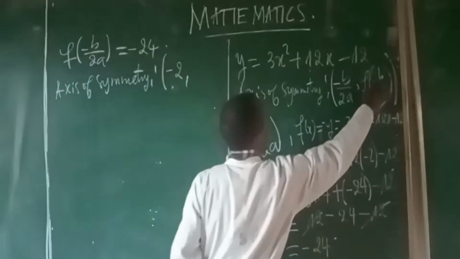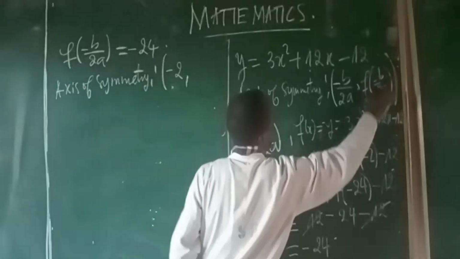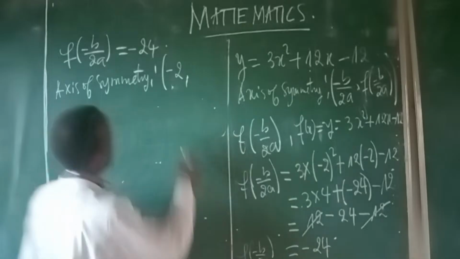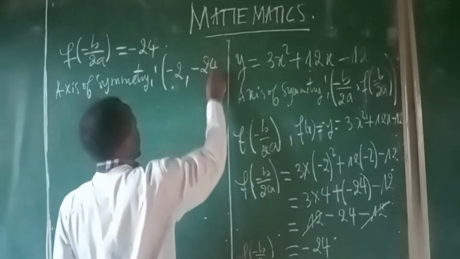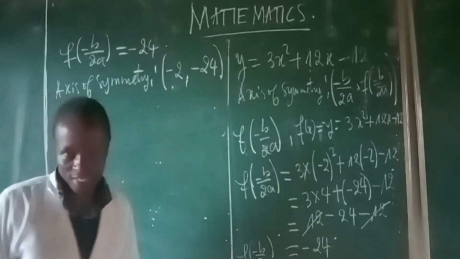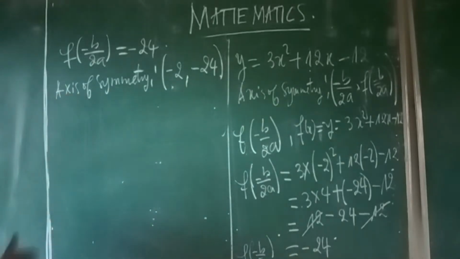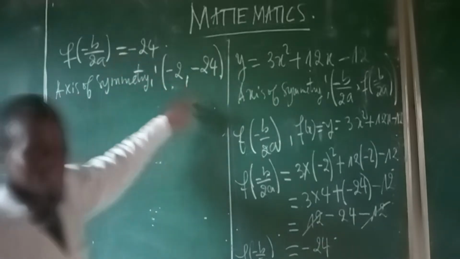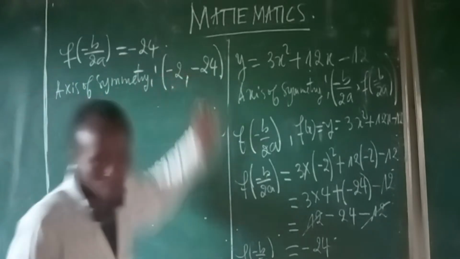And f of minus b over 2a is equal to minus 24. Right? That is the axis of symmetry. So you see, we have seen the first was about the vertex. The second is the axis of symmetry.